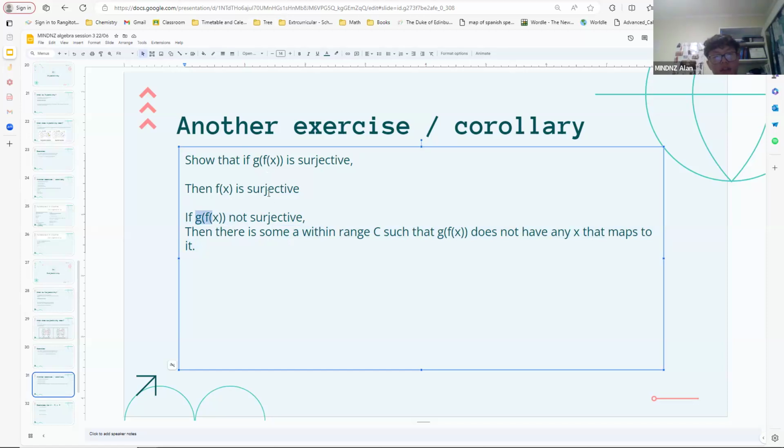Is there any issue with this? Oh, yeah, sorry, wrong one. G is surjective. Oh, it doesn't matter. Okay.